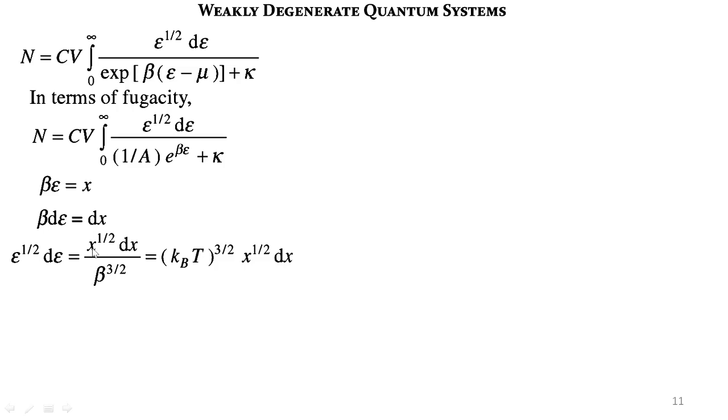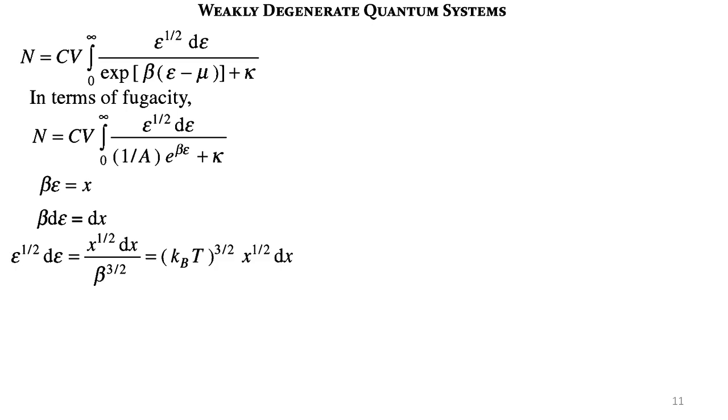And then of course we have to go from dE to dx. From here dE is equal to dx over beta. So we already have a term of beta raised to the power half coming from E raised to the power half, and then beta here. Both when multiplied together result in beta raised to the power 3 by 2. So that's what we have written here.